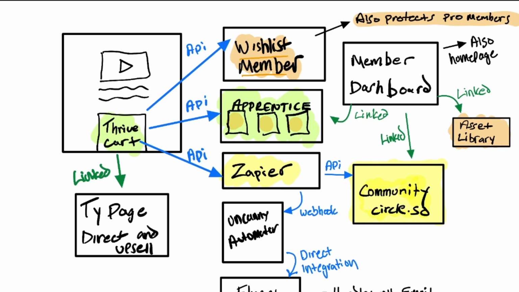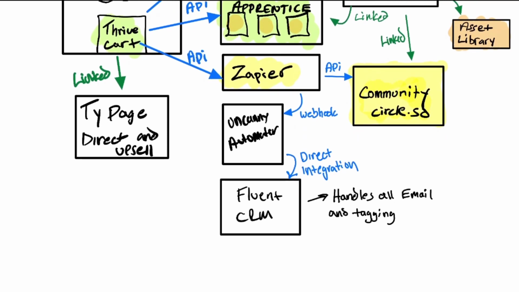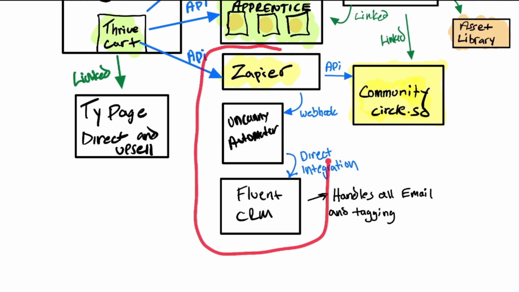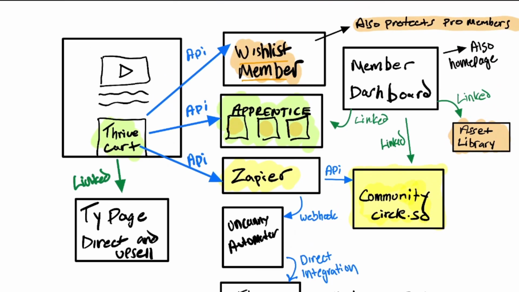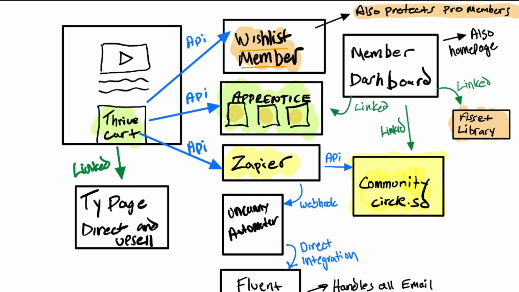But in the meantime, although this component right here of my automation is not perfect, it still works. And right now it's costing me nothing to use Zapier and it's connecting it all together. So in the meantime, it works. Everything is functioning properly. I'm about to launch my course.